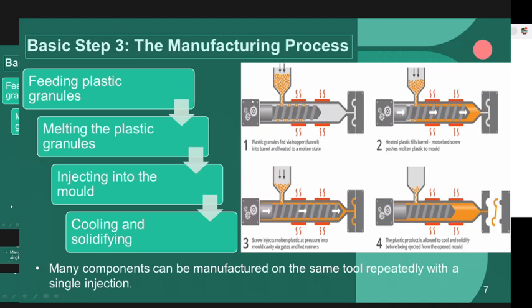Assalamu alaikum. I am Mohammad Shafiq Aziz Himel, roll 15. Now I will discuss the third basic step, which is the manufacturing process. When a product has been properly designed and approved and the die cast, it's time for manufacturing. Thermoplastic material is introduced into the injection molding machine via a hopper.